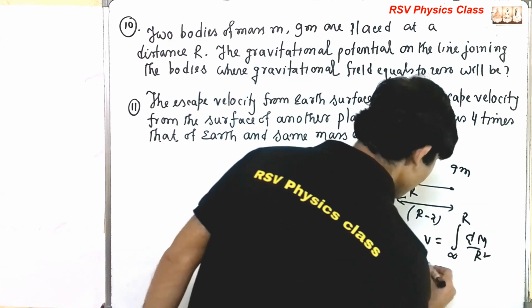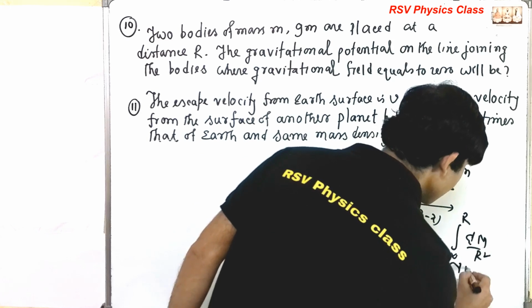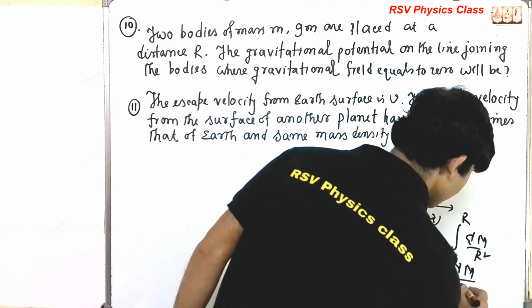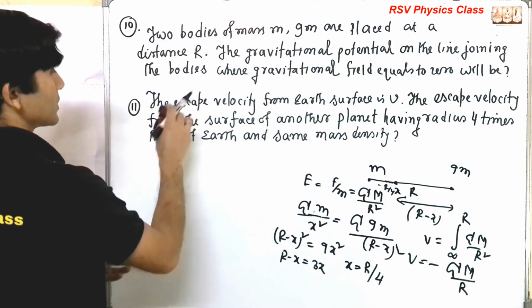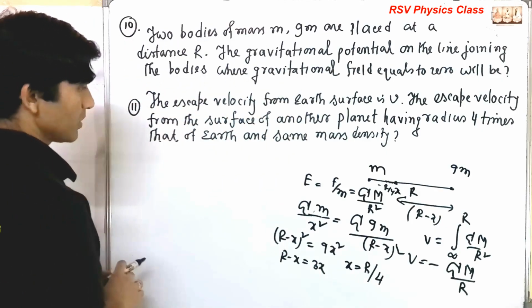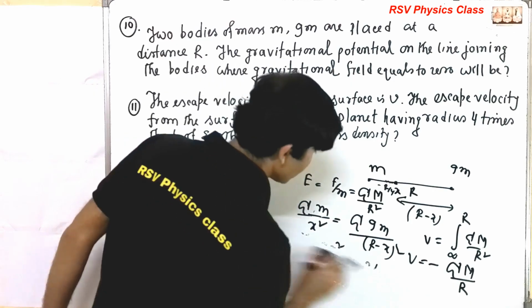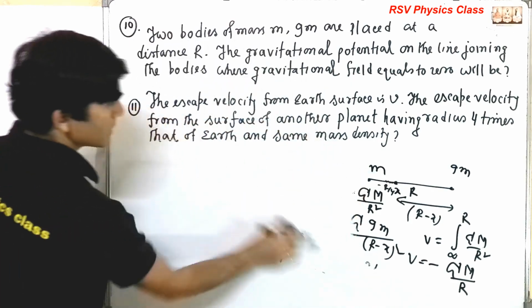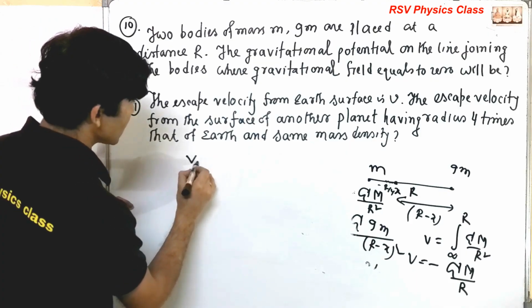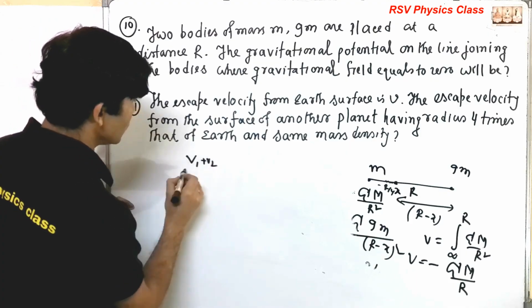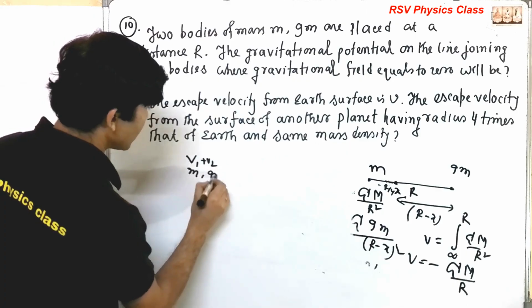So this will be minus GM worked by r. So potential equal to, say again using the relationship. So now potential will be total potential V1 plus V2 due to m and 9m.